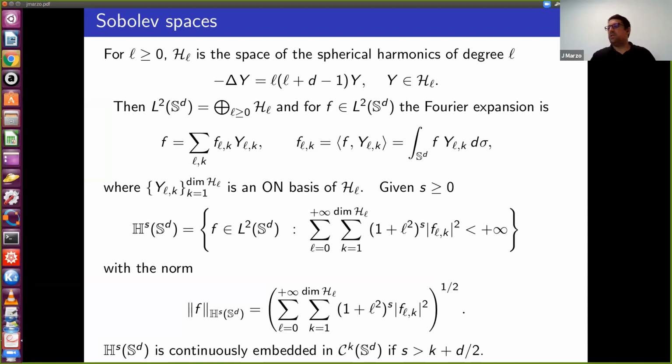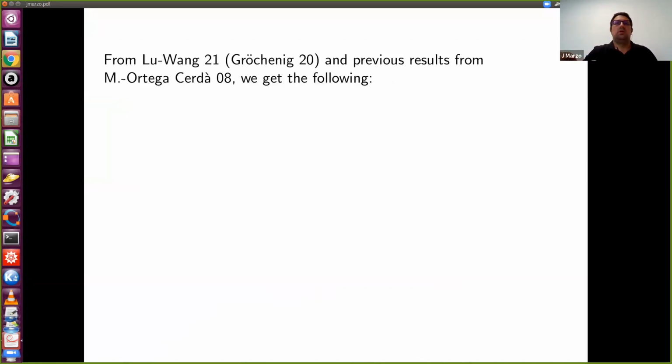But okay, so we have here this chain of spaces, and in terms of this, I will apply a recent result by Luan Wang, answering a question by Veroshenik.